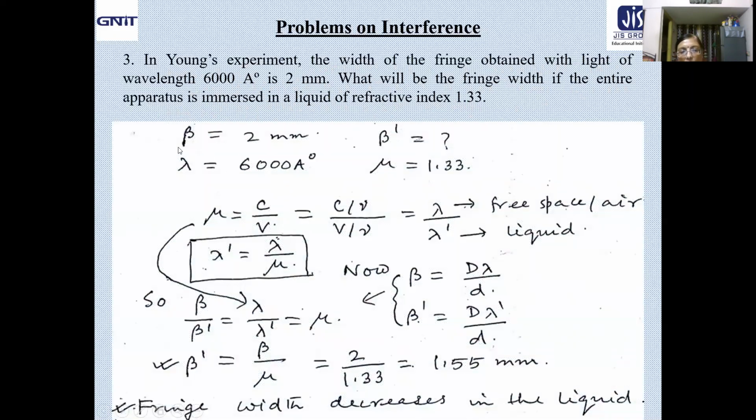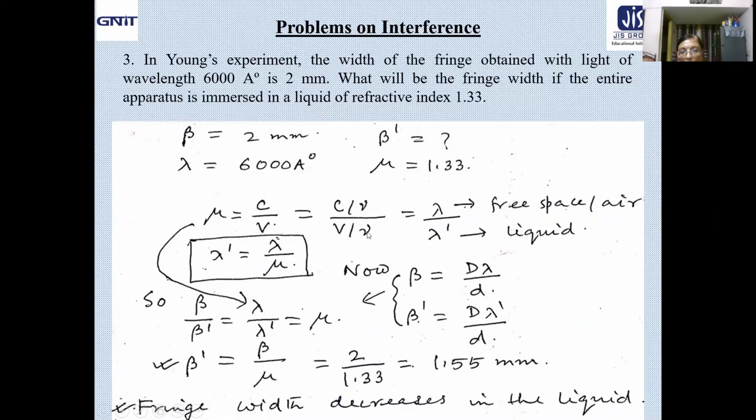In all problems you will first write the given data. That is beta equal to 2 millimeter, lambda equal to 6000 angstrom, and beta prime you are asked to find, provided beta changes when you are using the liquid of refractive index 1.33 in place of free space or air, whose mu is given like this. Now we know that mu equal to c by v, where c is the velocity of light in free space and v is in the material medium.